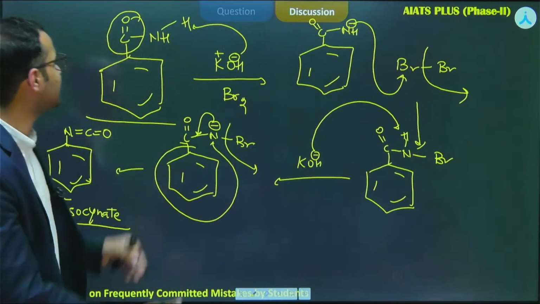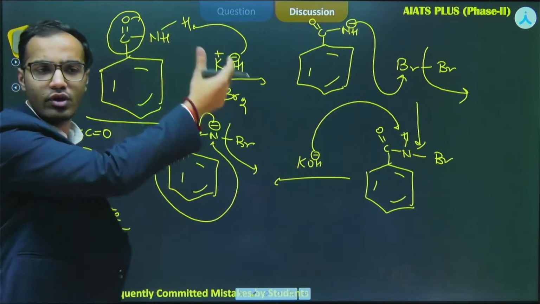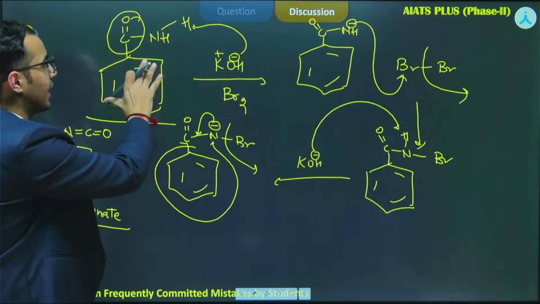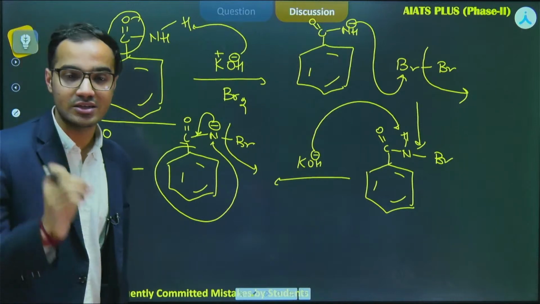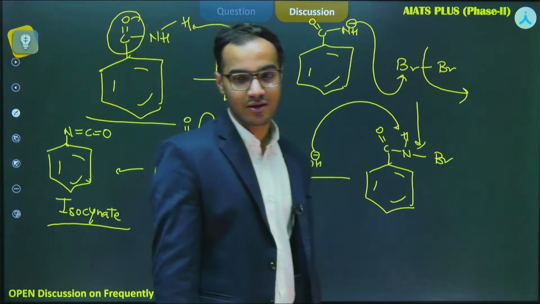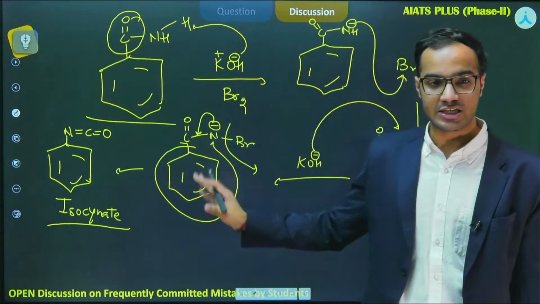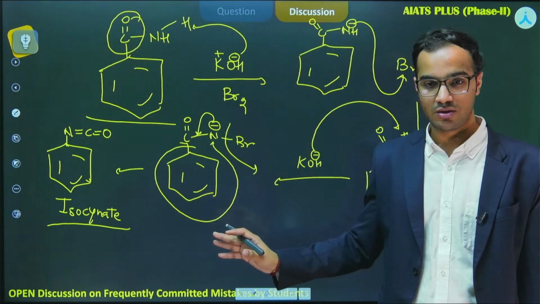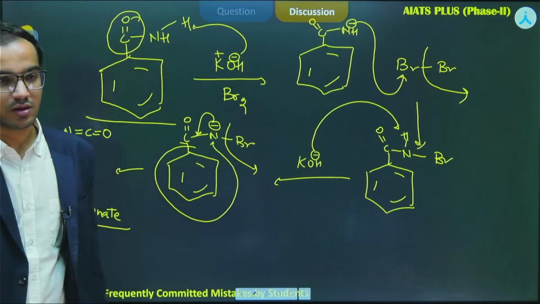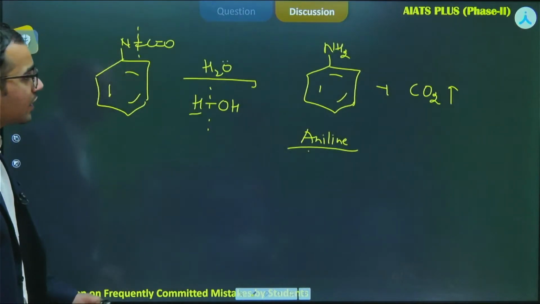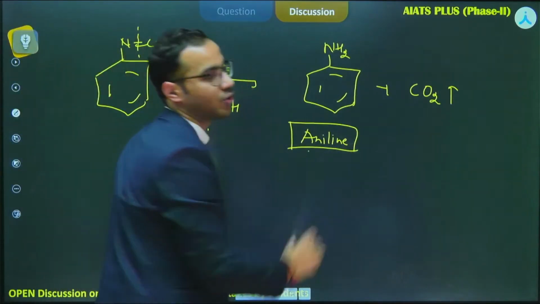Now you can clearly see that there will be the removal of CO from this group, and you will be getting benzene attached to NH2. We can clearly say that this is aniline. Is this mechanical approach clear? Okay. You are getting the aniline as a product.